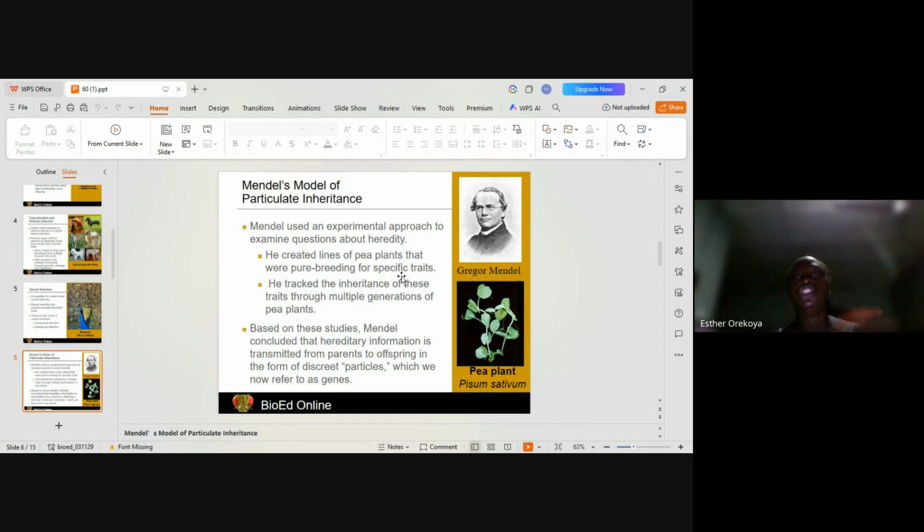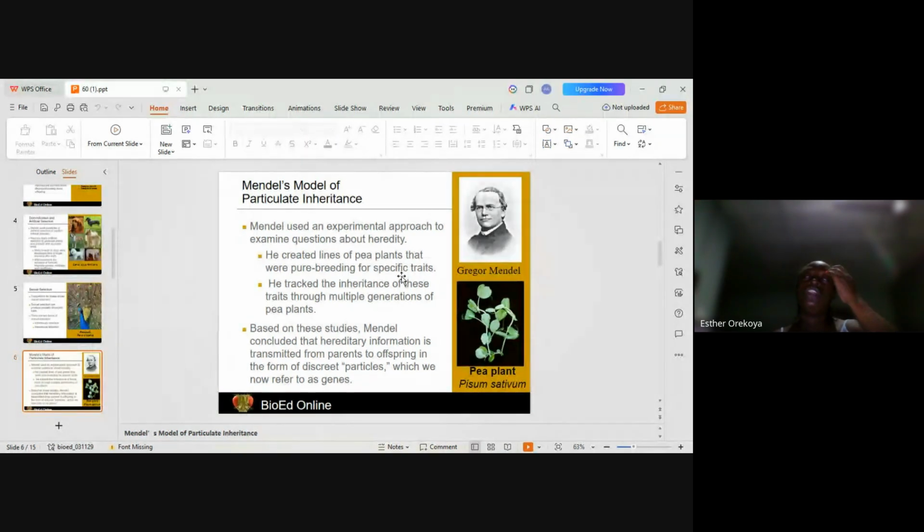Something called genes. For example, your mom is fair in complexion, your father is dark in complexion. When they birthed you, maybe you are a male and you have 2 siblings. You took your mom's complexion, your remaining 2 siblings took your dad's complexion. That is genetics.